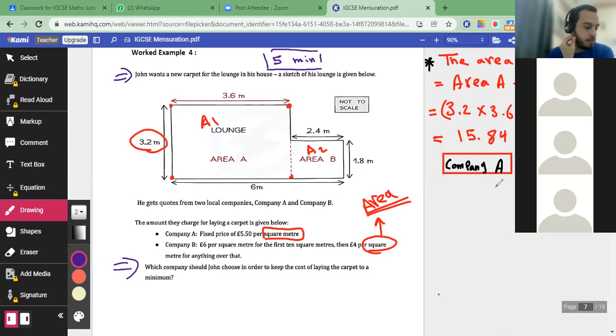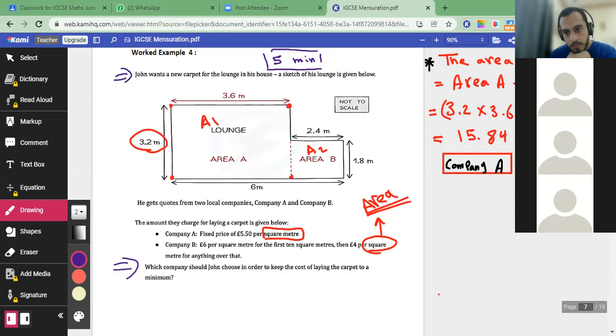Noor. Thank you, Jana. Thank you, Mariam. Company A, Noor. How can we pay company A? The price or cost? Multiply 5.50 by the area we got.